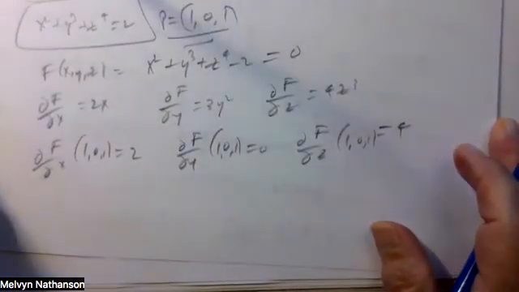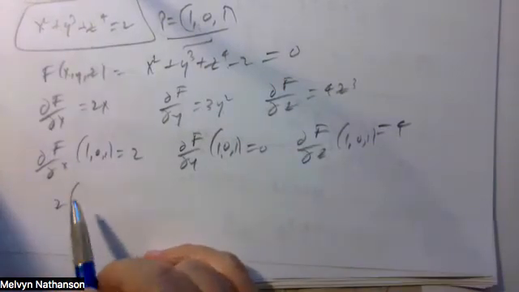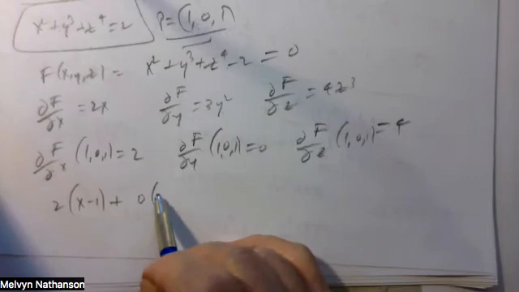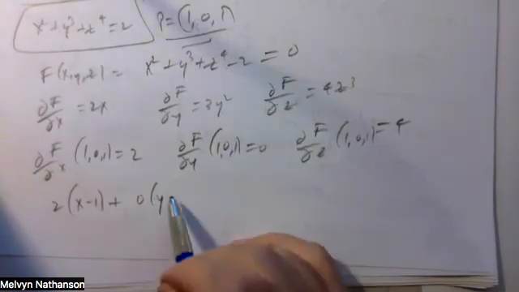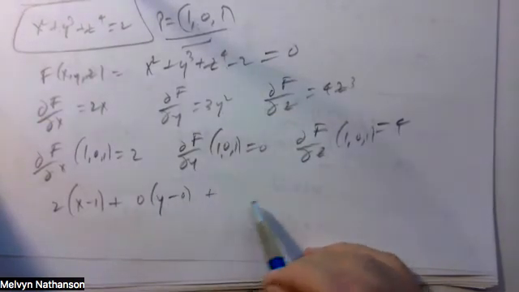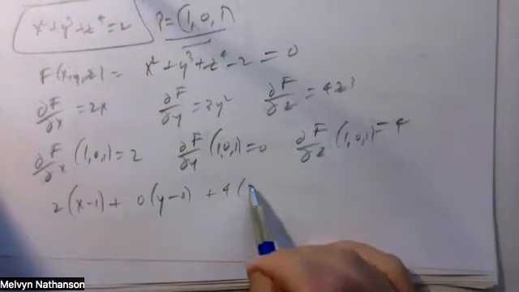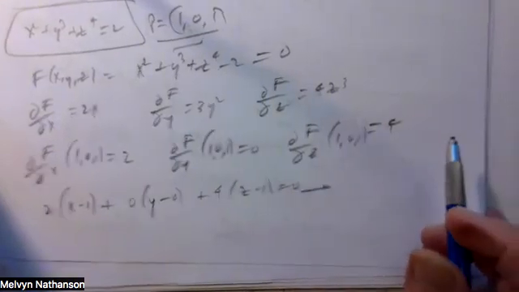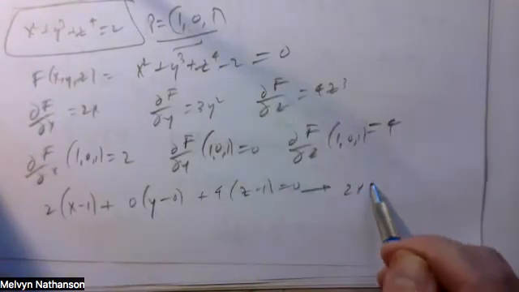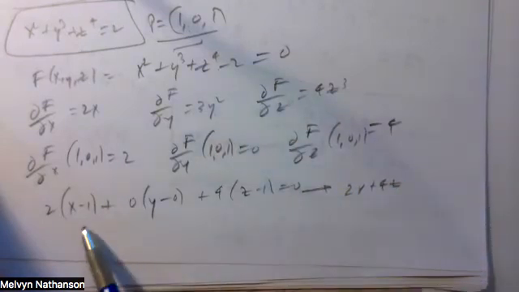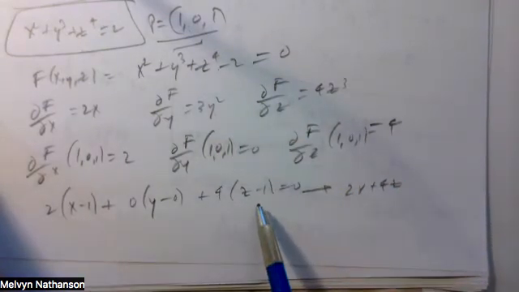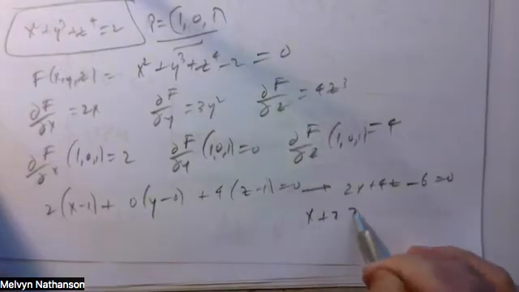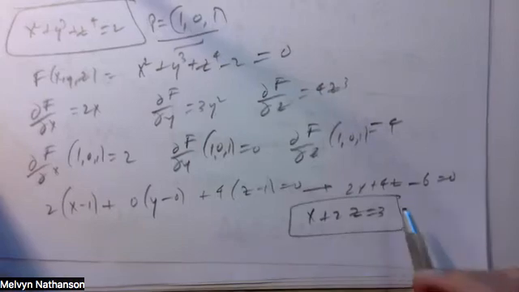So the tangent plane has the equation 2 times (x minus 1) plus 0 times (y minus 0) plus 4 times (z minus 1) equals 0, or 2x plus 4z minus 2 minus 4 minus 6 equals 0, or x plus 2z equals 3.